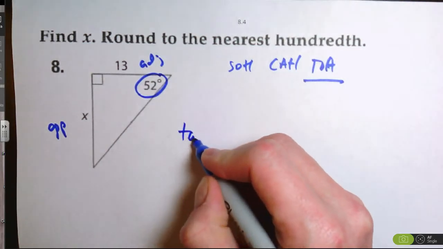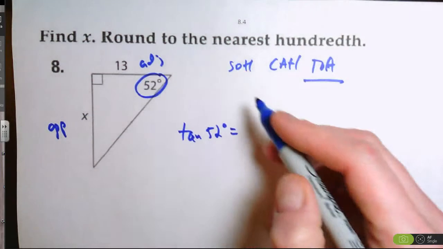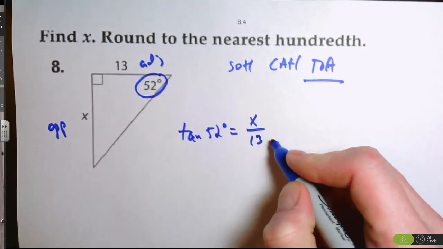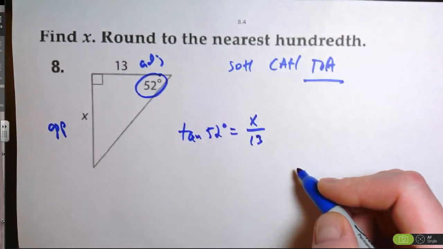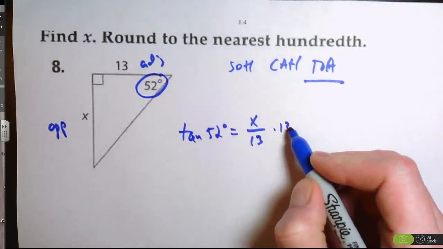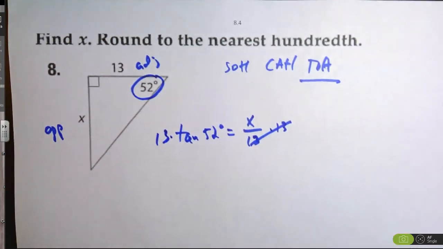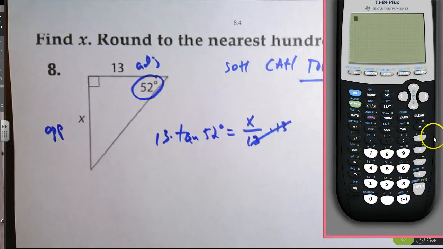So the tangent of 52 degrees has to be opposite over adjacent, so x over 13. Which means we solve for x by multiplying by 13, because that'll undo the division. And then we just get our calculator out real quick, and we do 13 times the tangent of 52.